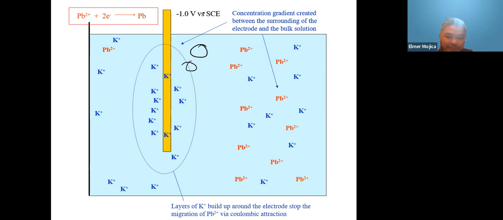And you will develop this concentration gradient between the surrounding of the electrode and the bulk solution. So once you develop that, your Pb2+ will migrate via the electrode through diffusion. Yun yung concentration changes. At dahil doon, magkakaroon na ng signal that corresponds to that. Okay? So ganito yung nangyayari doon sa electrode surface.